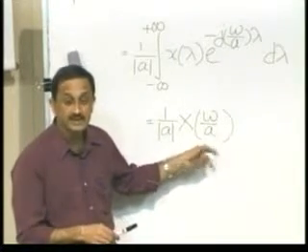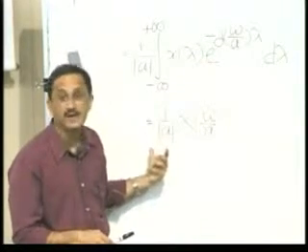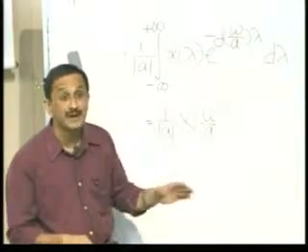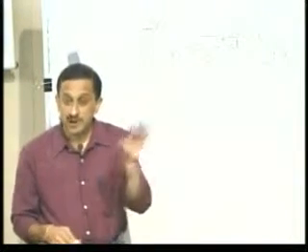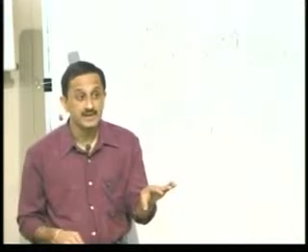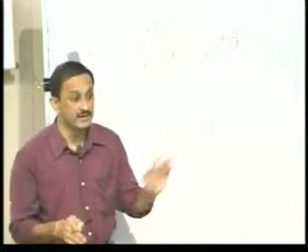On the other hand, the whole transform is also multiplied by a constant equal to 1 by mod a. So the multiplying constant is 1 by mod a, whereas the scaling constant inside the Fourier transform is 1 by a. This should be carefully noted.